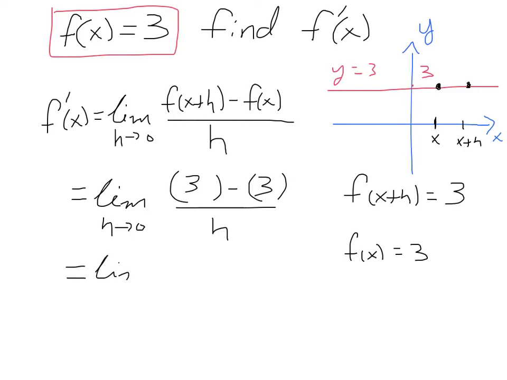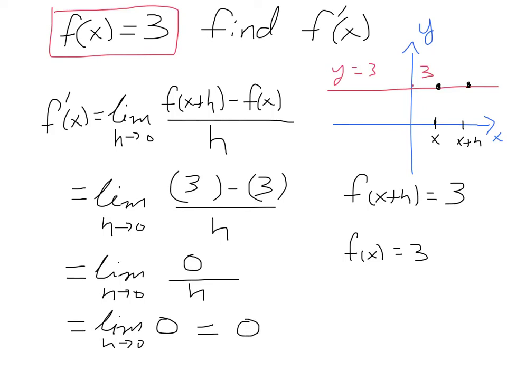Now we'll just simplify the quotient. 3 minus 3 is 0, divided by h. We'll simplify that further. 0 over h is, of course, 0. And the limit of a constant is the constant itself. So the 0 isn't going anywhere. It doesn't matter what h is doing. And the result is 0.